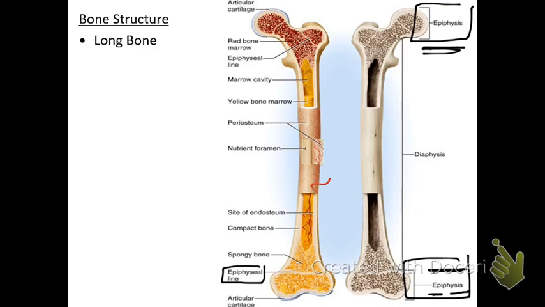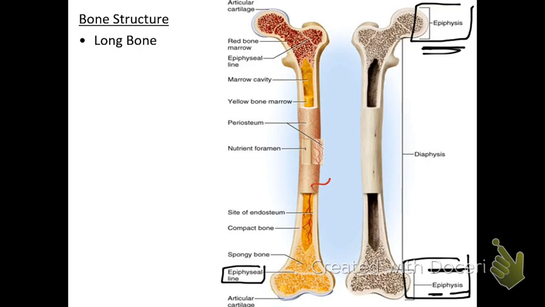This is why anthropologists and forensic scientists can look at a skeleton found years after death and determine the approximate age of that skeleton. There's a number of things they can do, but one of the things they're looking for is the presence of the epiphyseal lines, and this will give them an idea of how old that person was at the time of their death.